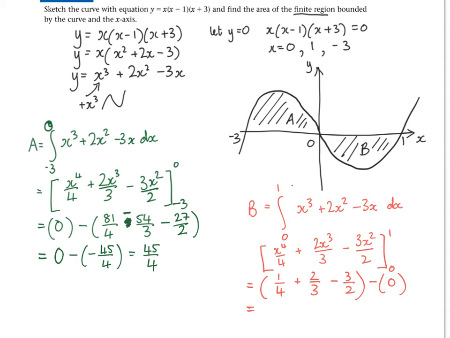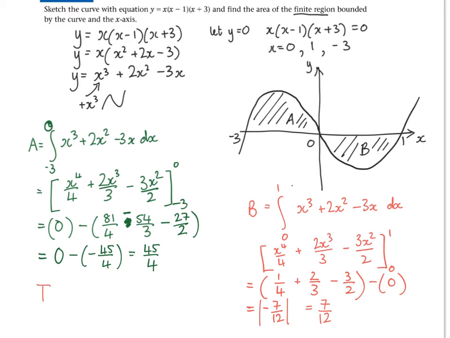And then when we add that up, if you can do that, we are expecting a negative answer. And we do get minus 7/12. So we have to take the modulus of that, so the area that we actually have is 7/12.